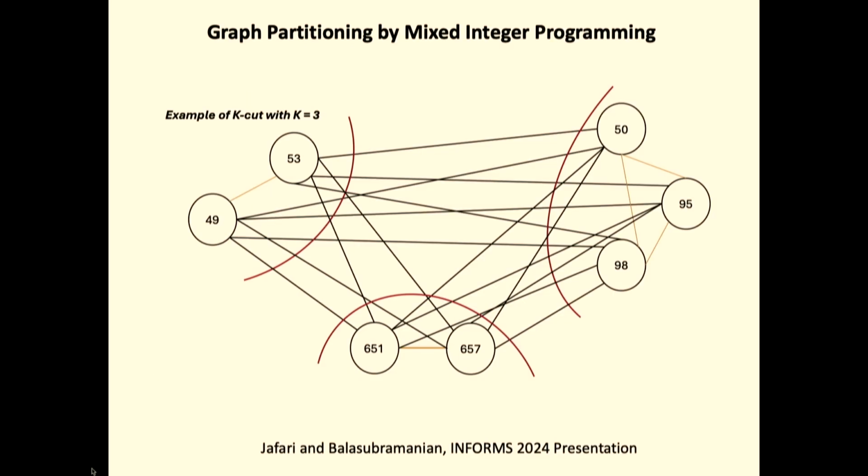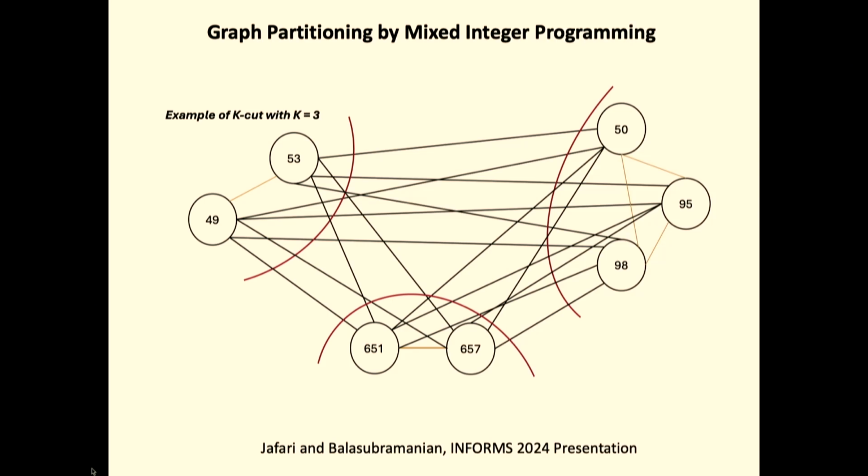My student Ali Jafari, as I said, is presenting this very thing in a different session, as INFORMS had an error in their scheduling. But what we could do is represent diseases in an undirected graph. Each node is a disease, and the weight on each edge would be some measure of correlation, for example lift, or it could just be correlation.